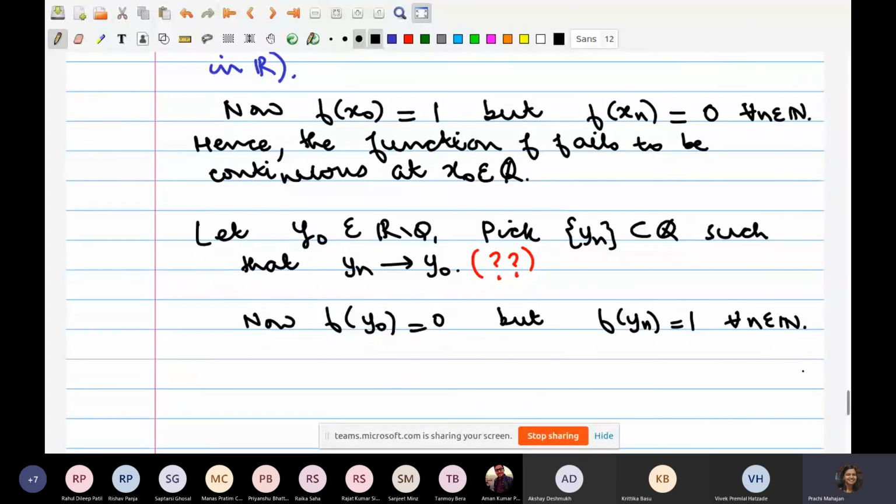Again, using the characterization of continuity in terms of sequences, it follows that the function f fails to be continuous at y naught.